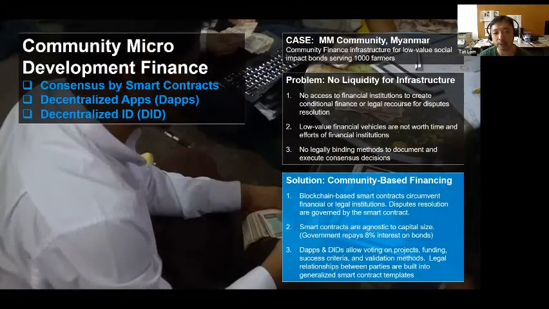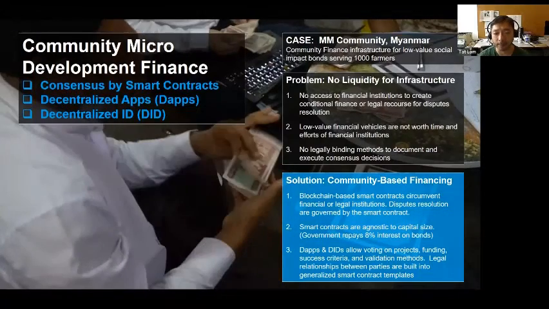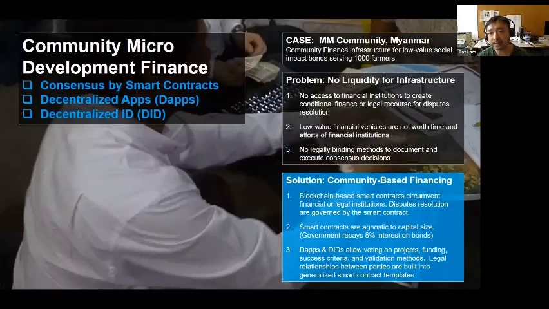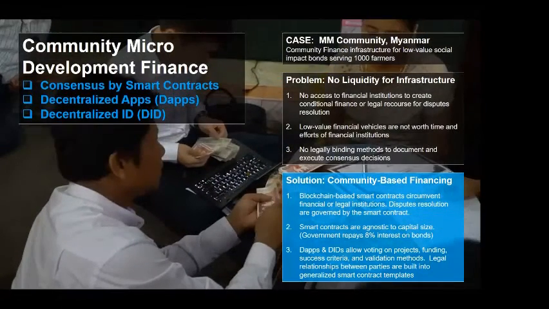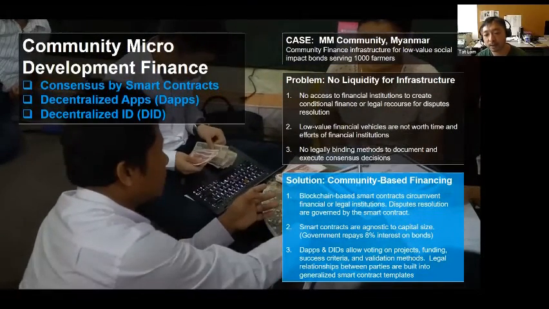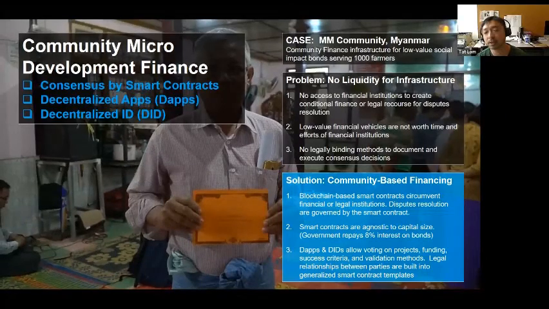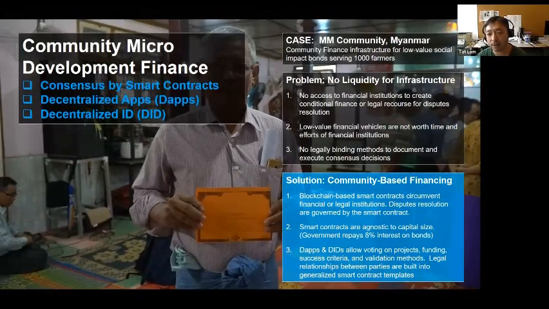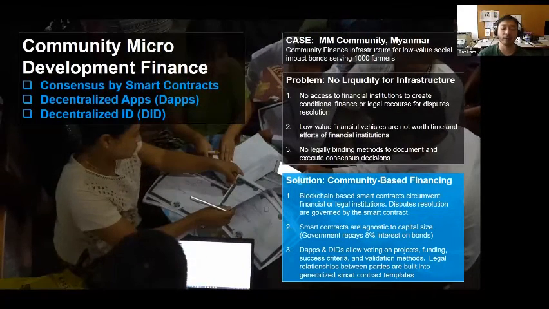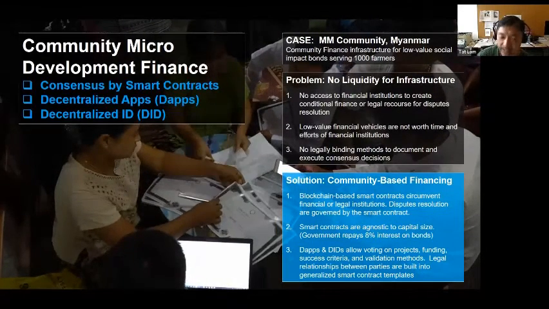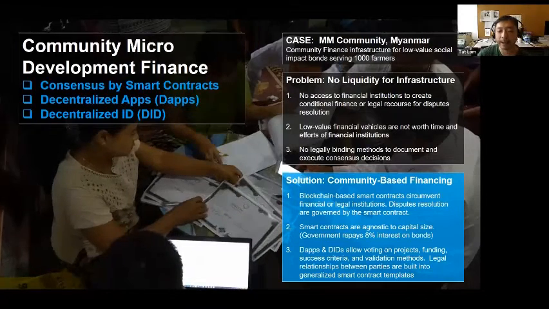So technically speaking, this is what we call an impact bond, a social impact bond. And this social impact bond is based on the voting, on the digital certificates that we are talking about. It's also based on the digital contracts signed by everybody, saying we agree on developing this, putting in our money, and there will be milestones and the payback is this and this and this.